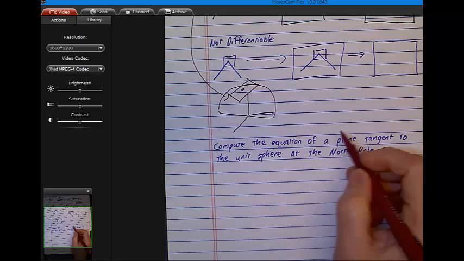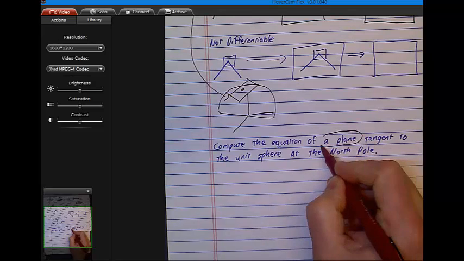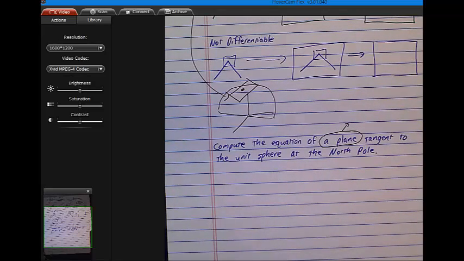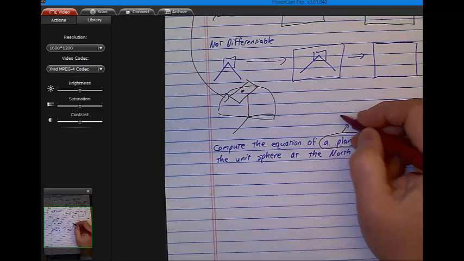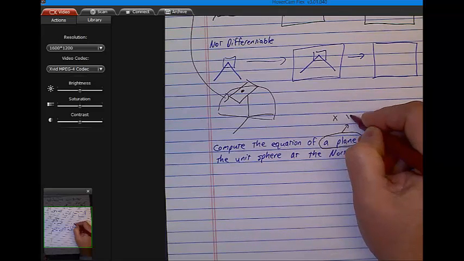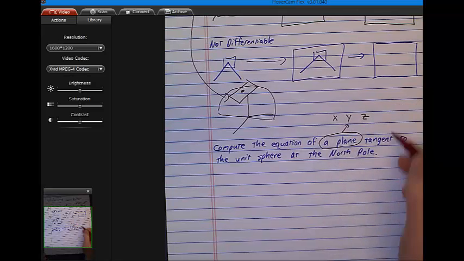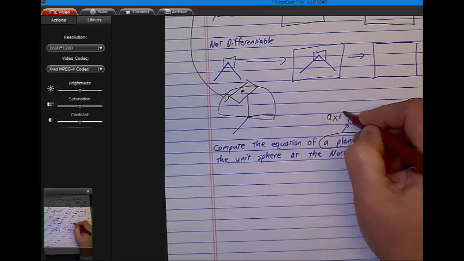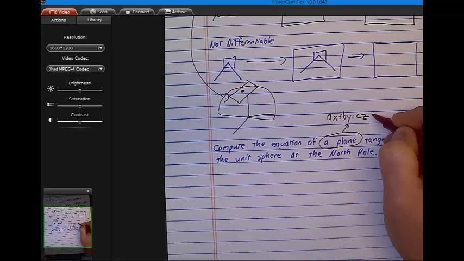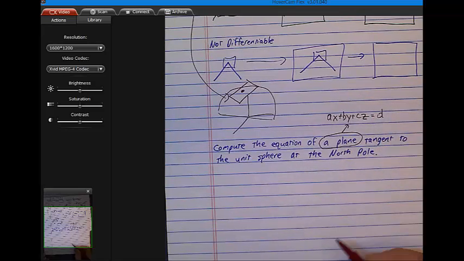A plane, okay. What's the equation of a plane? Like the component of the orthogonal vector times each component of the xyz plane. I noticed you said x, y, z. Yes, x, y, z all have to be involved. You could say ax plus by plus cz equals some d.